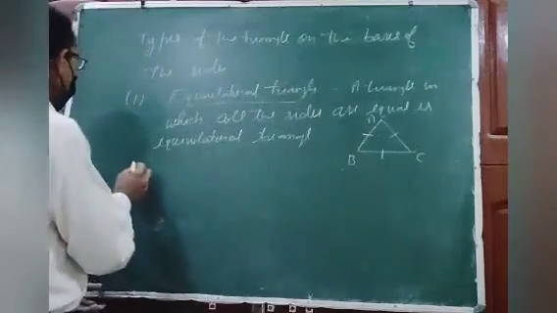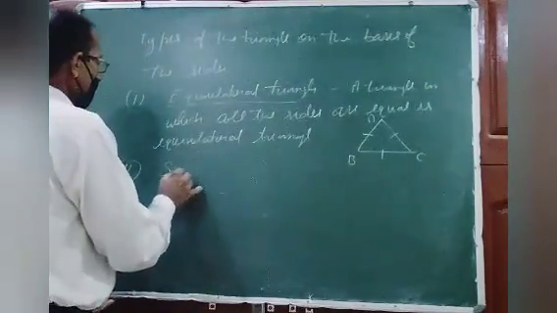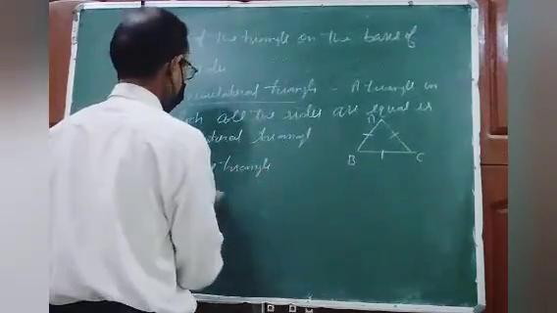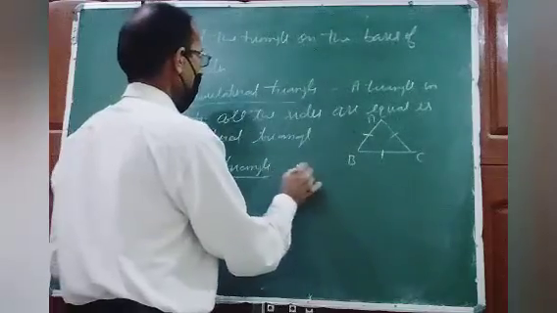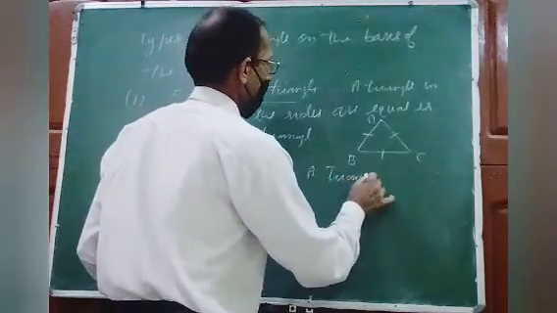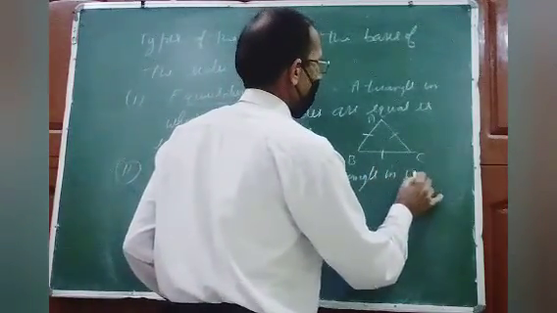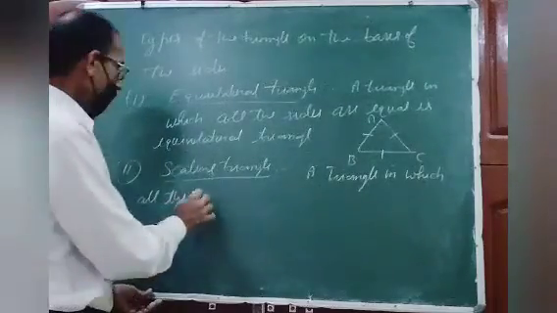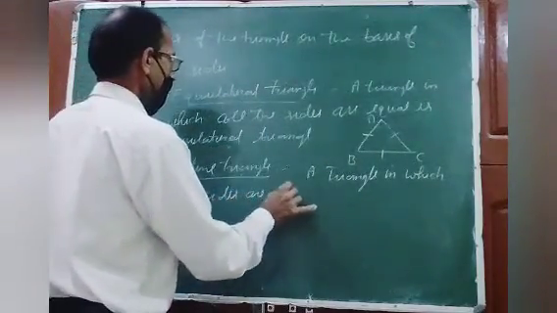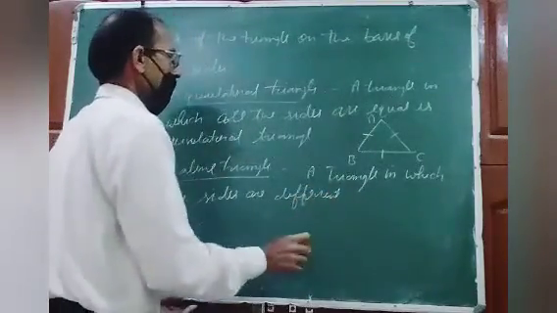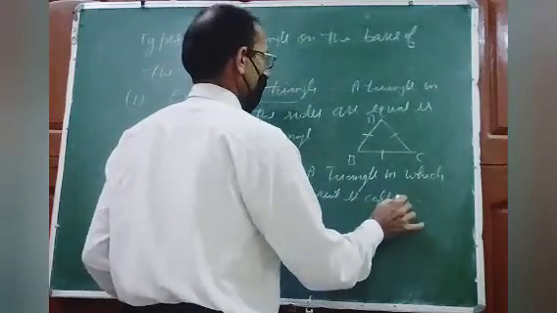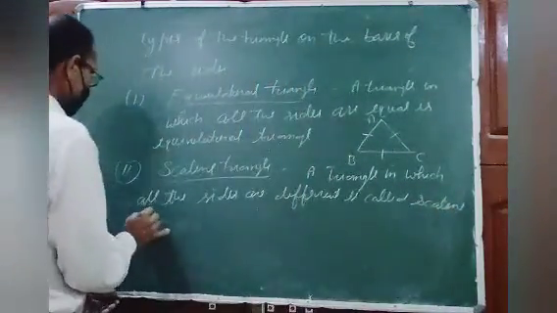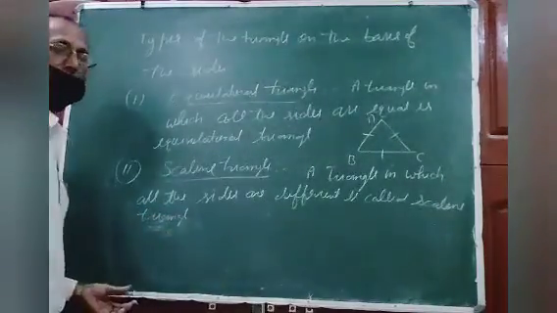Second is the scalene triangle. A triangle in which all the sides are different is called a scalene triangle.